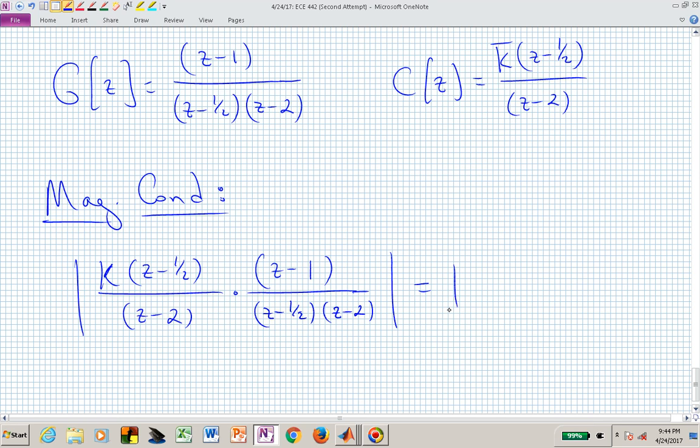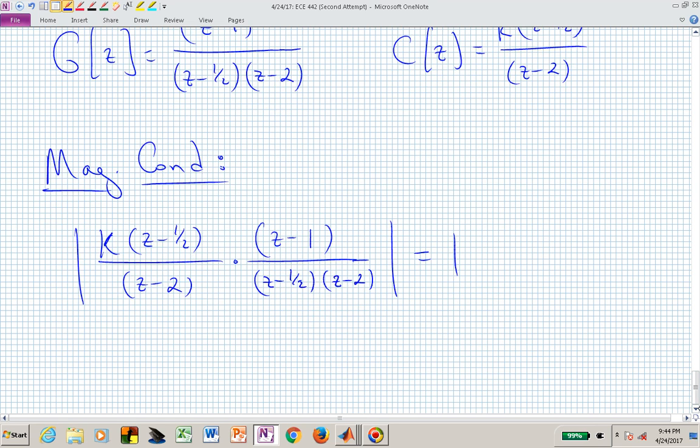And our magnitude condition for the root locus says, from the closed loop denominator expression, which is 1 plus c of z, g of z, that determines our closed loop poles. We use the magnitude condition because we know that the magnitude of c times g has to equal 1.